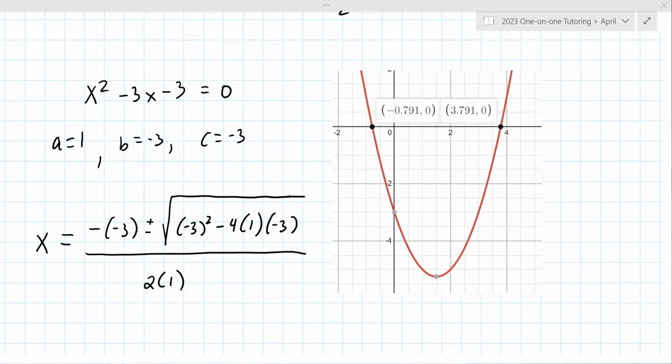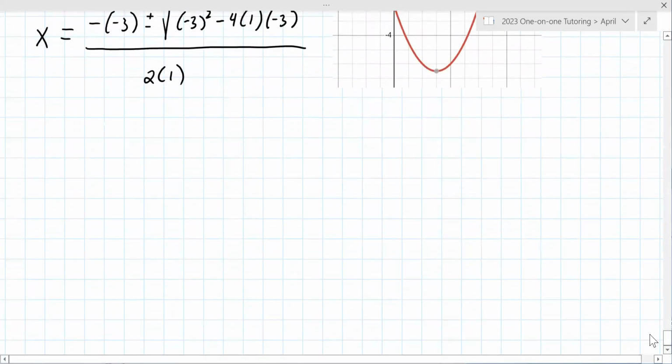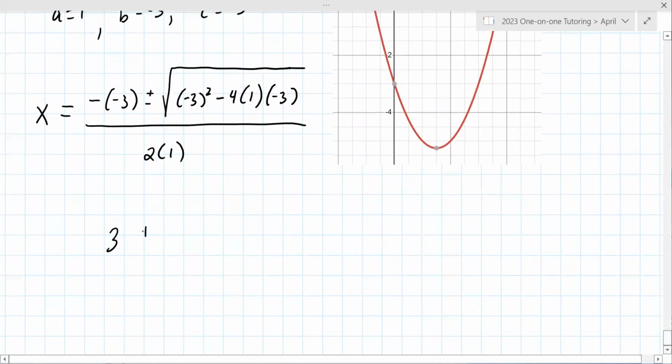So then that's 9 minus... 9 plus 12. So then that's 21. It's 21. And from earlier we know that it doesn't simplify, meaning there's not a way to simplify it.